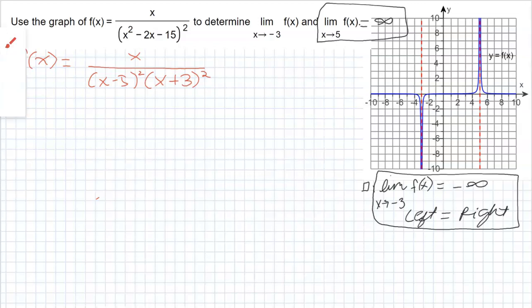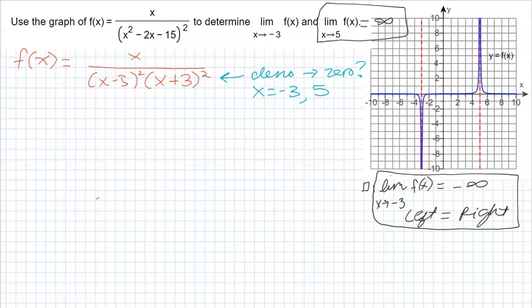So the question we are now asking is, when does that denominator approach 0? That would be at x equals -3 and x equals 5, as we can see on the graph.